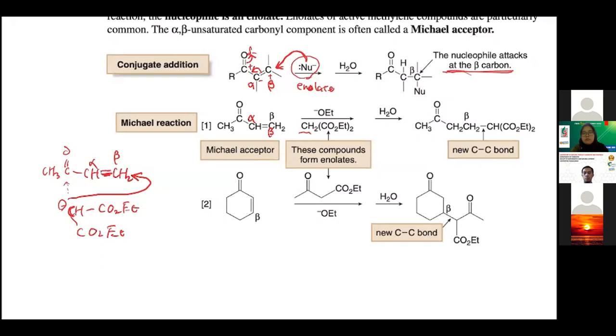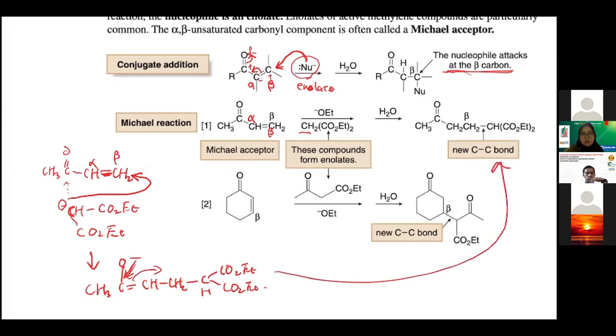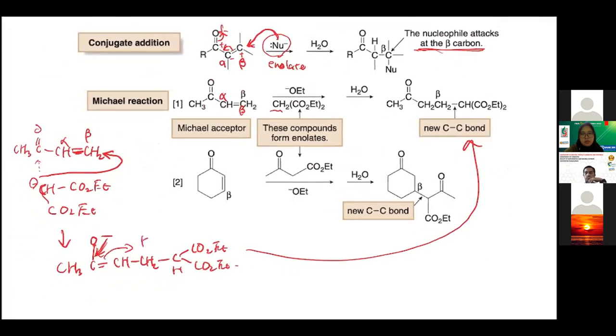This is very activated here, and the electrons go back to the carbonyl and reform the carbonyl, and the new CC bond is formed.